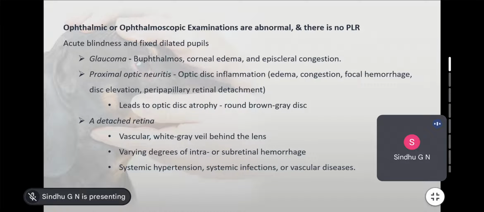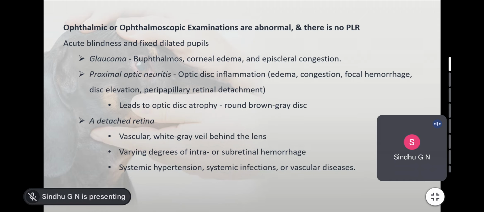Then proximal optic neuritis. There will be inflammation of the optic disc, edema, congestion, and hemorrhages on the optic disc. Sometimes the disc will be elevated and around the disc there can be retinal detachment also. This leads to optic disc atrophy, and we can see only a brown-gray disc, no vasculature, and retinal detachment.